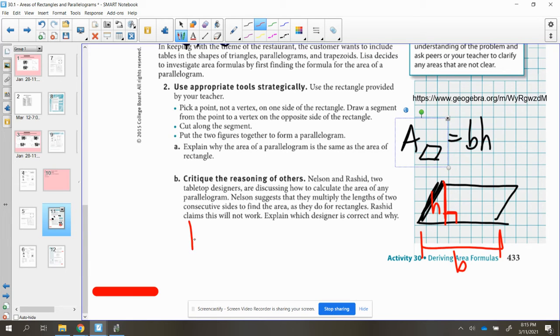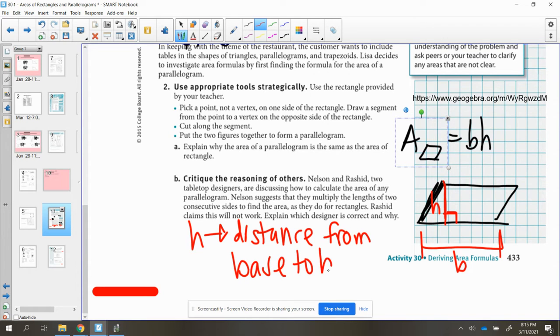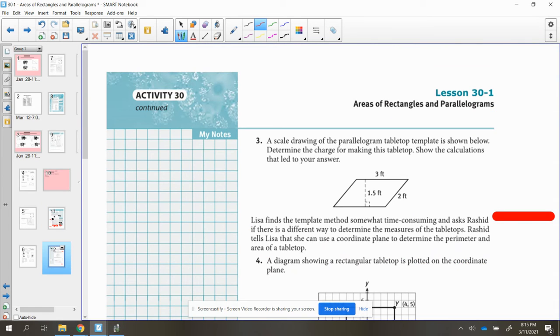You don't necessarily need the side length, you need the height from base to base. And height is considered distance from base to base. So keep that in mind as you're writing these down. Now, when calculating, if we look at this parallelogram, again, they're giving you a piece of information here that you do not need.